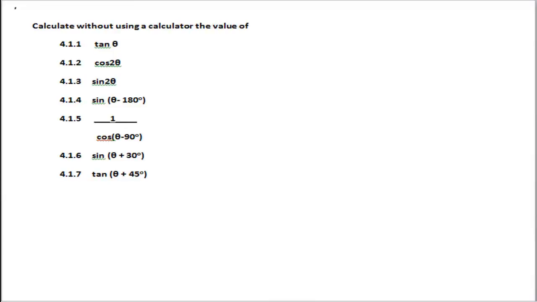Now this is in 4.1, which is on page 41. You are actually given that cos of theta is equal to minus 4 over 5, and theta is an element of the first two quadrants.